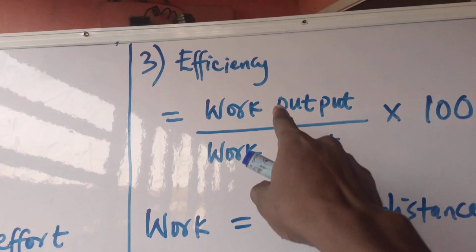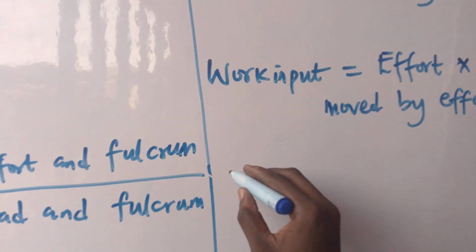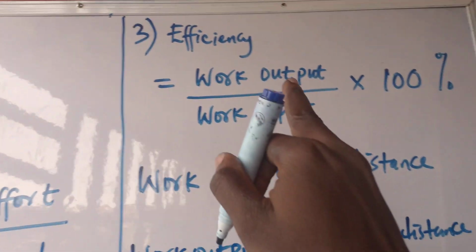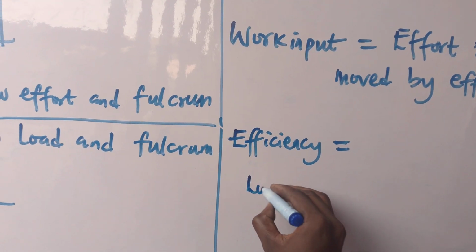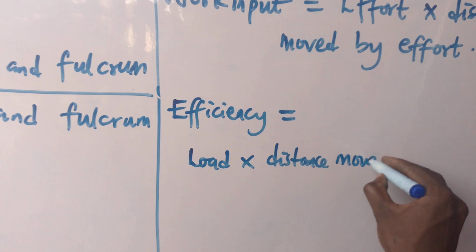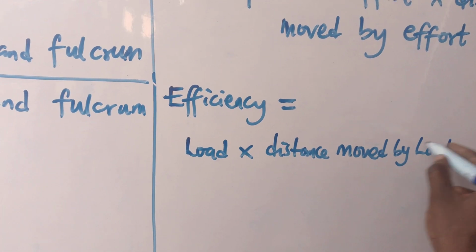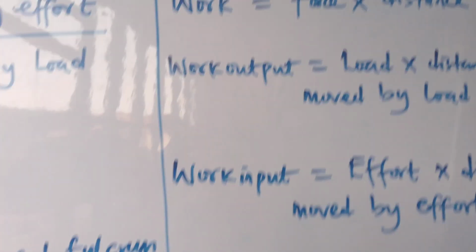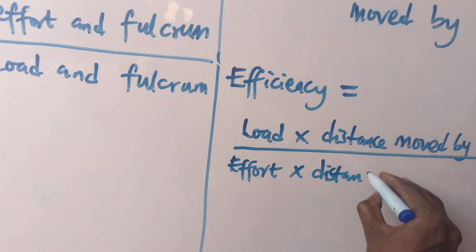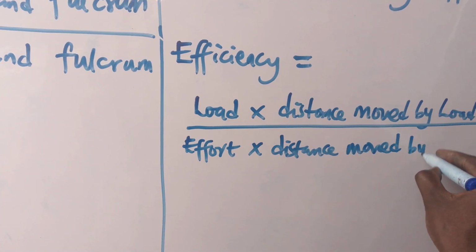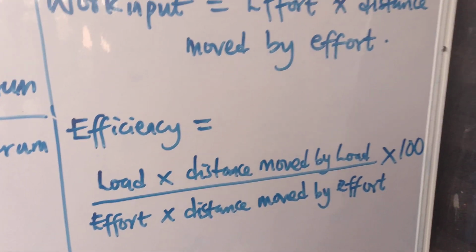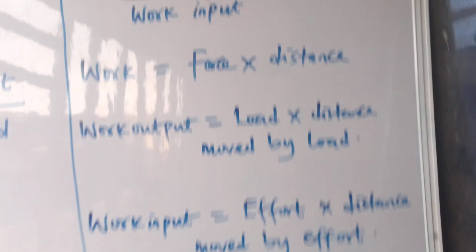Now if I fix them into this formula, the efficiency of a machine is equal to, in place of work output, load times distance moved by load, over, in place of work input, effort times distance moved by effort, multiplied by 100. Okay, that is multiplied by that 100 there.